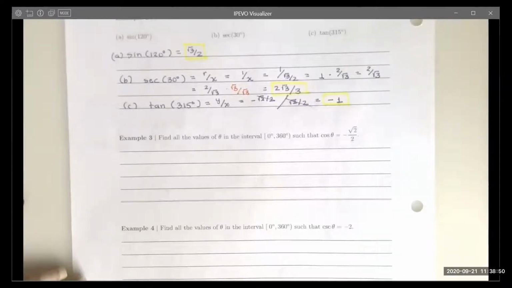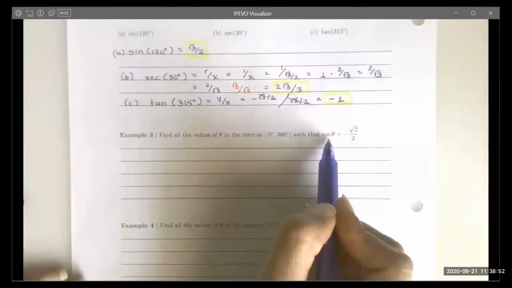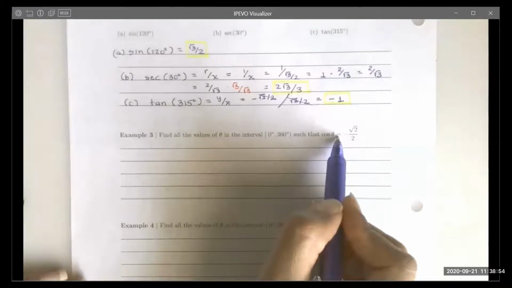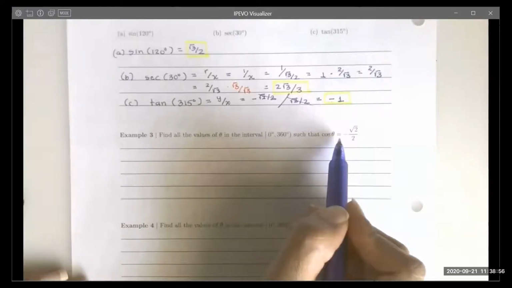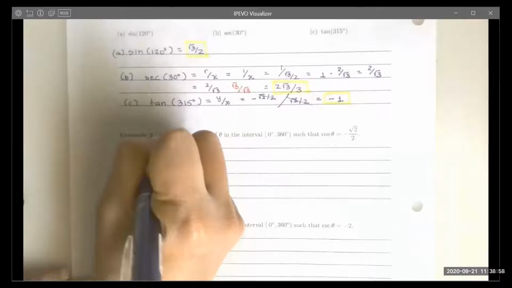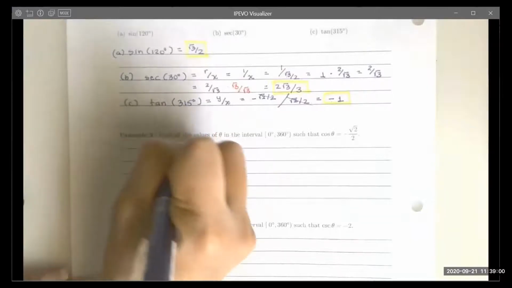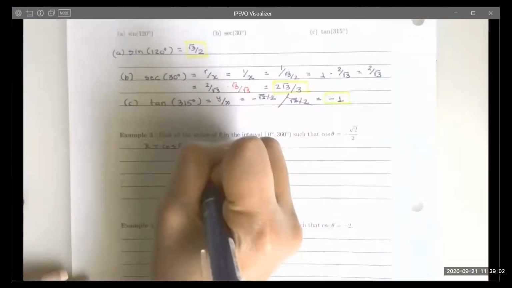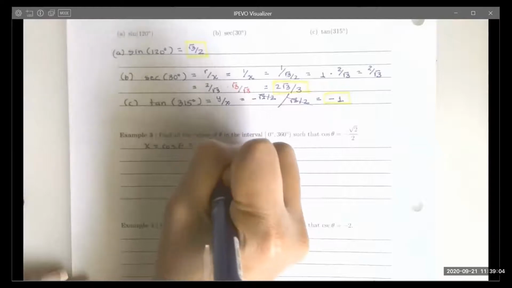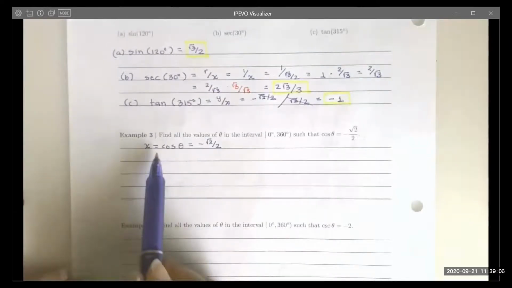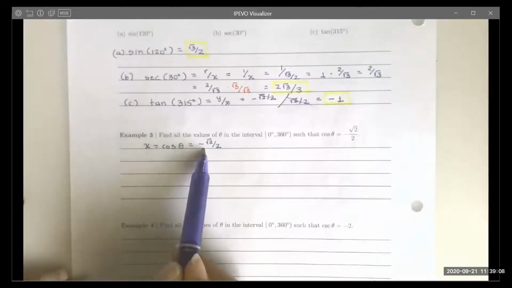This is asking, remember, cosine theta is supposed to be x. This is asking what has an x value, which by the way is cosine theta, that is equal to a negative radical 2 over 2. So if x is a negative number, we can think in which quadrants is x negative?